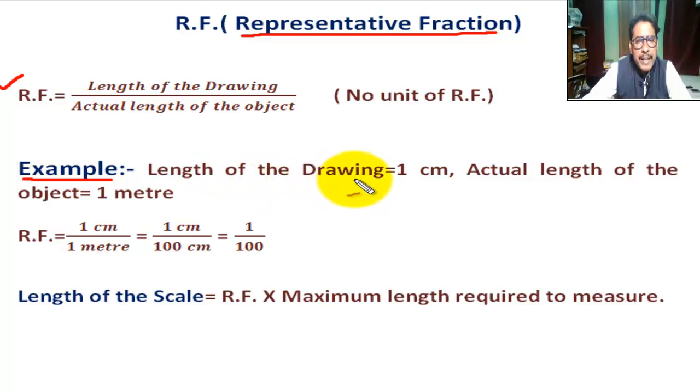For example, length of the drawing 1 centimeter, actual length of the object 1 meter.